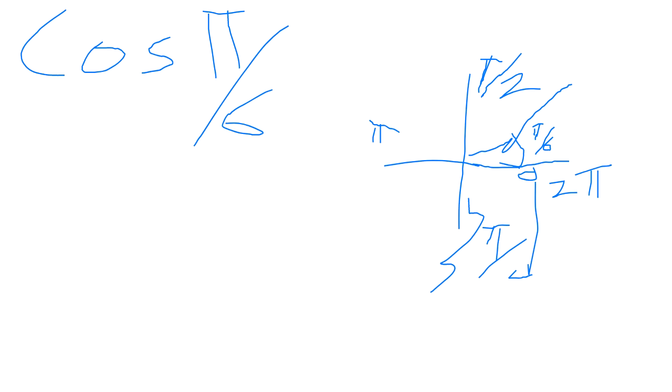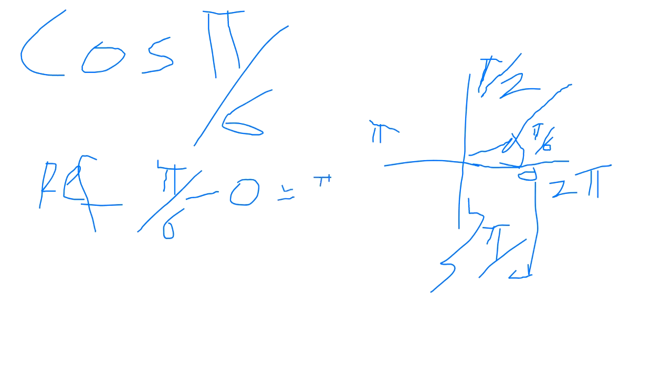So the reference angle is going to be pi over 6 minus 0, which will give the same pi over 6. So even though we know that pi over 6 is a special angle, still you must indicate how you are going to get your reference angle.